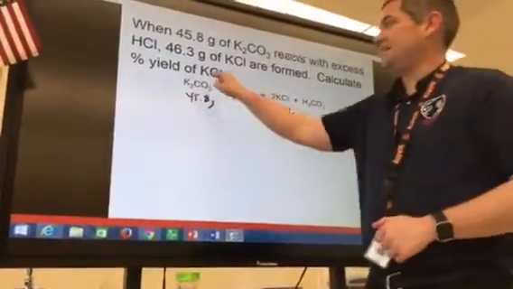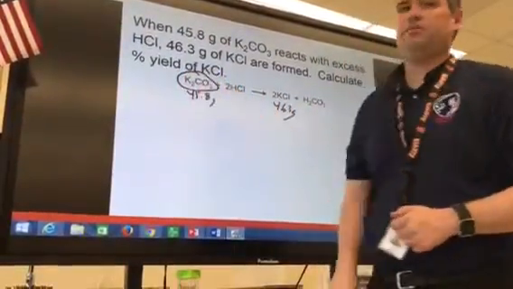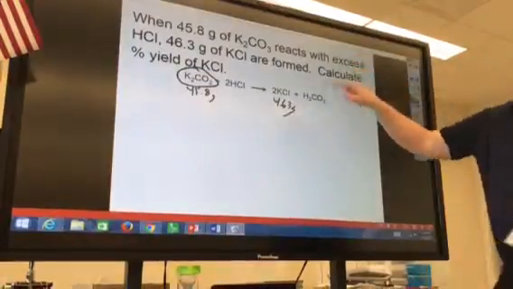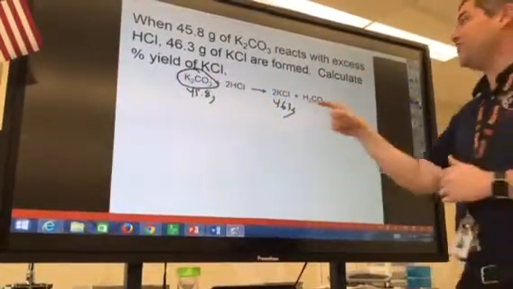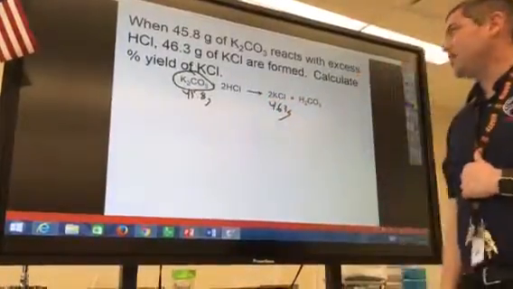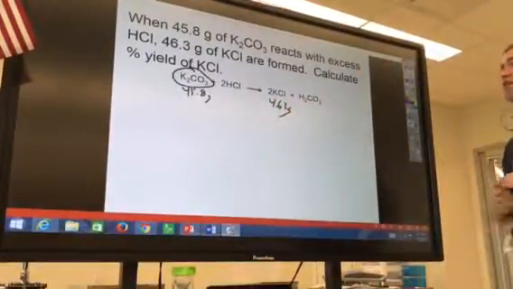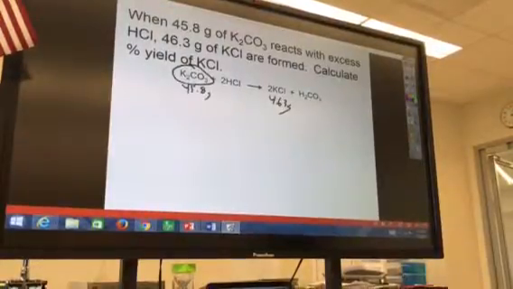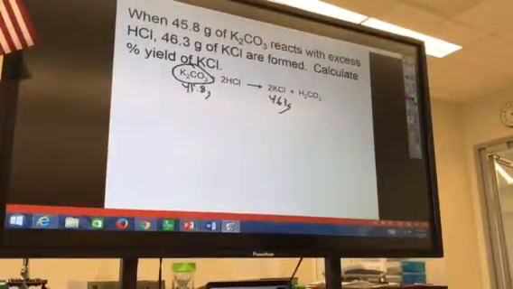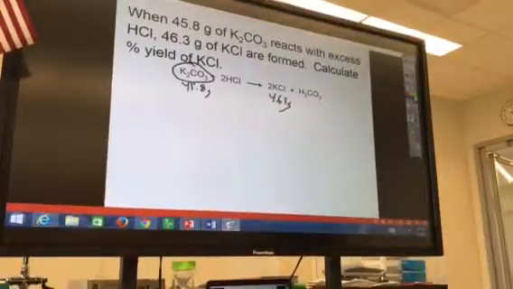So we know that K2CO3 is our limiting reagent, because the excess does not limit, but the limiting reagent limits, which is 45.8. And so we have 46.3 grams of KCl formed. Calculate percent yield of KCl.